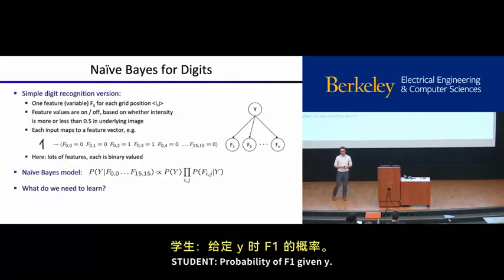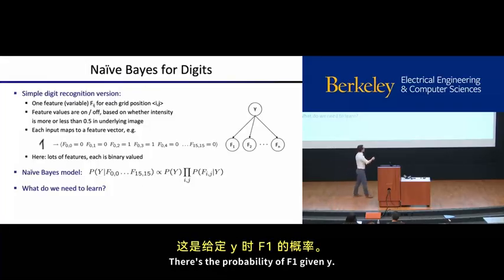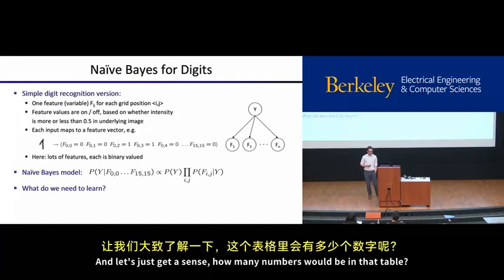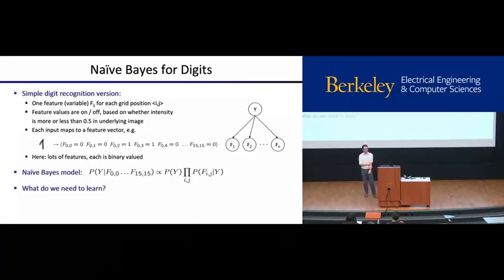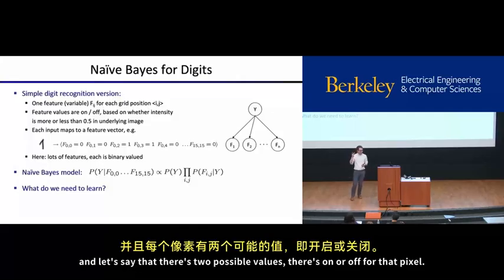Yeah, the probability of F1 given Y. So there's at least one table here. There's the probability of F1 given Y, and we're going to need to learn all the numbers in that table. Let's get a sense of how many numbers would be in that table. Let's say there are 10 digits, there's usually 10 digits, and let's say that there are 2 possible values, on or off for that pixel.